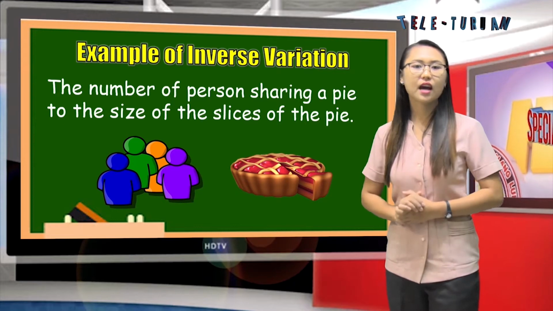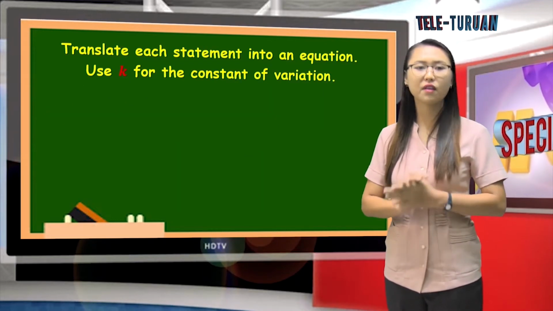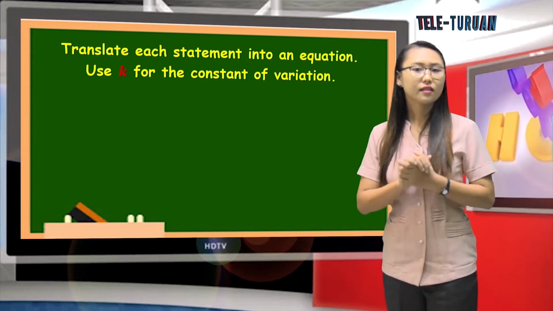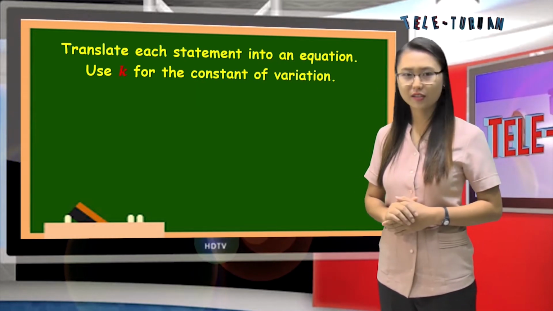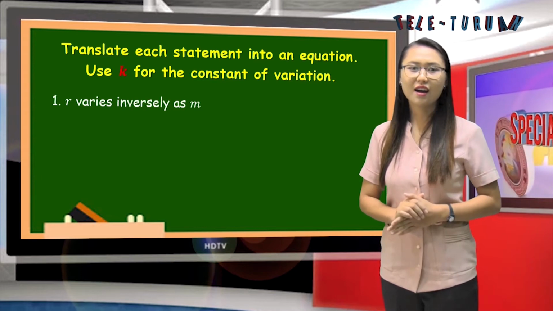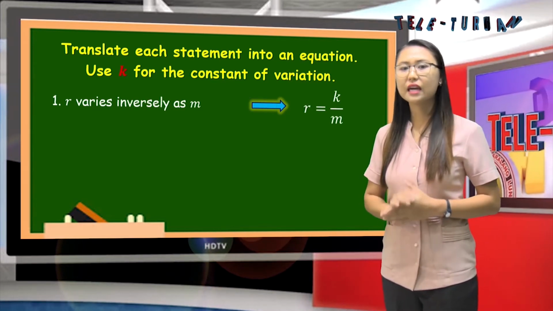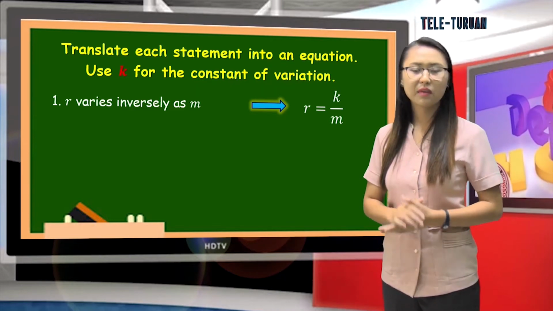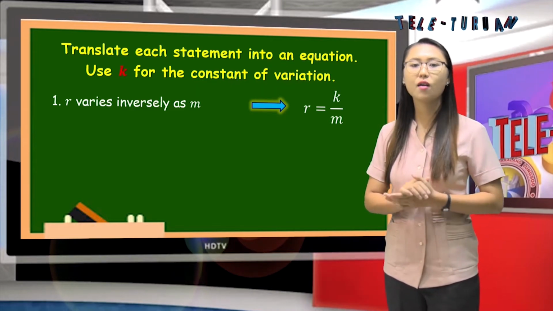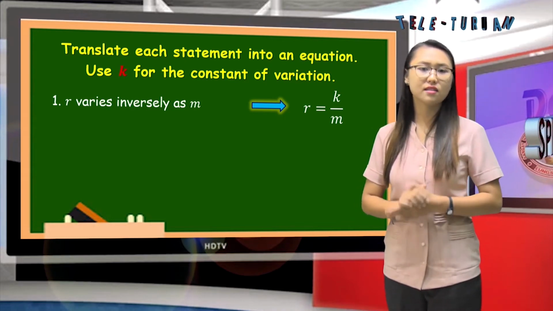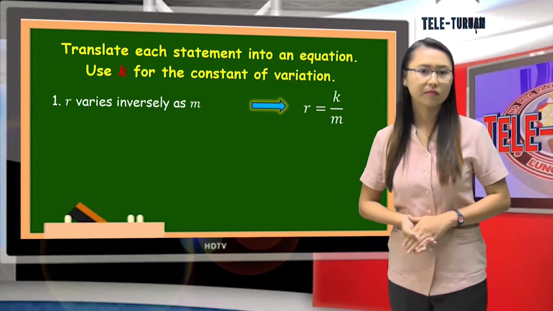Now, let us study how to translate each of the following statements into an equation. Let us use K for the constant of variation. R varies inversely as M. When we translate it into an equation, it will become R is equal to K over M. The variable that will be isolated is the one that will be read first.